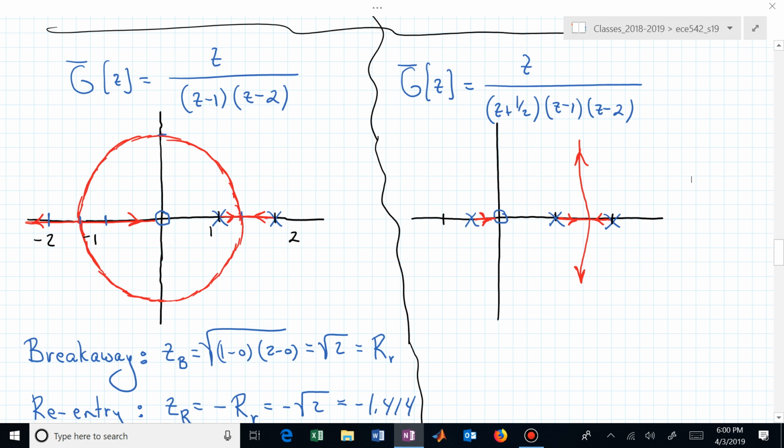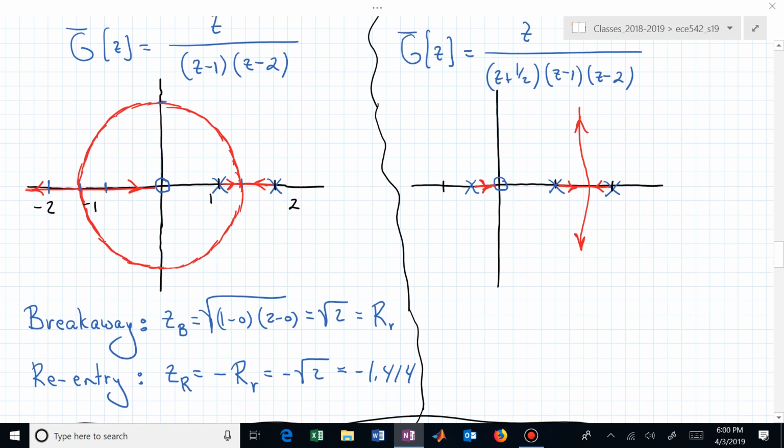We'll get to that with some of the rules. But now, you could immediately, I hope, pull out your French bread and your knife and separate that French bread and determine which of those segments of the real line belong to the root locus by the odd poles and zeros. You can at least do that.